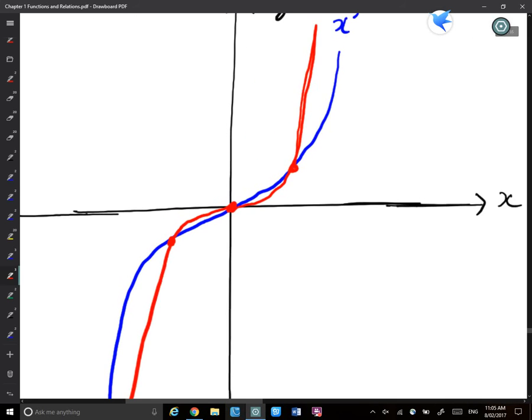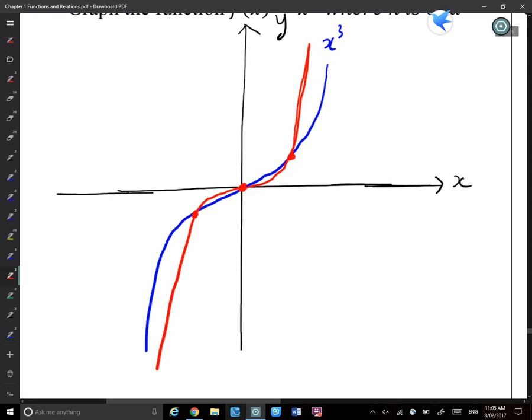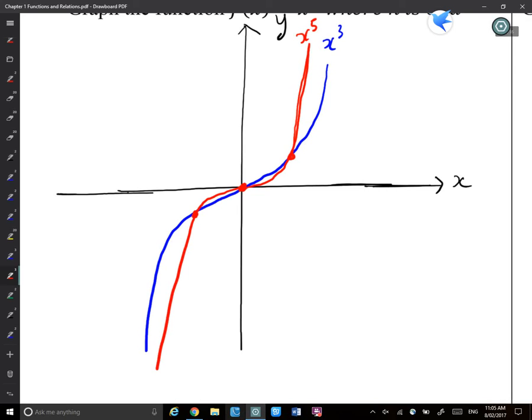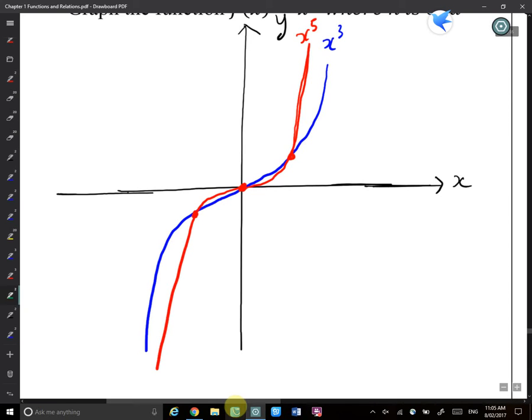In between 0 and 1, the graph should be lower, and then after the point 1, x to the power of 5 should be higher. And if you have x to the power of 7, it will be the same reason. That will be even lower at this point and even higher at this point. So this green one will be x to the power of 7.